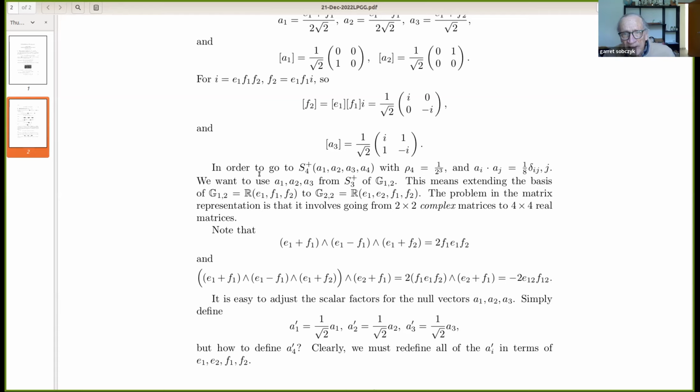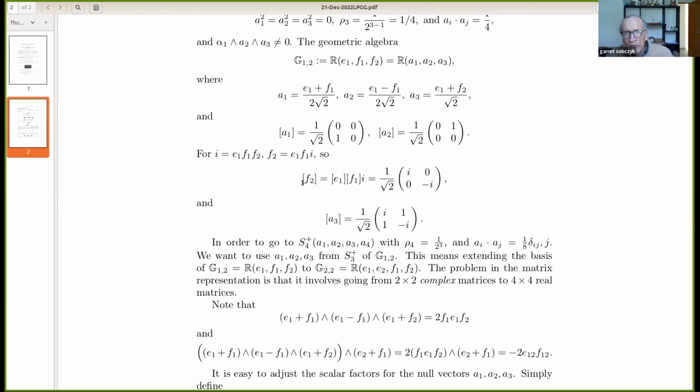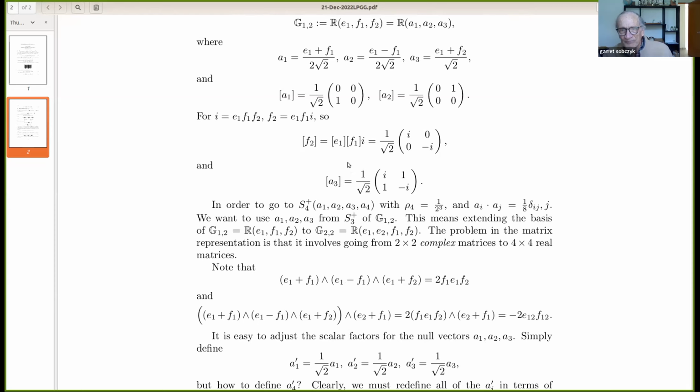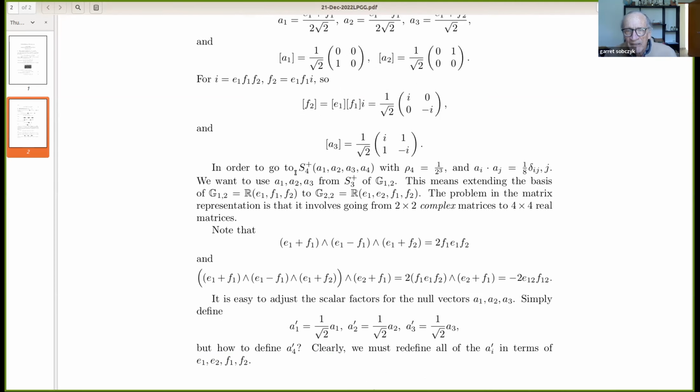We want to use the same A1, A2, and A3 that we used for G3. Basically we want to use the same A's, but there's a problem. We'd like to modify the definitions of these null vectors, A1, A2, A3, and A4, so they satisfy the new rule.